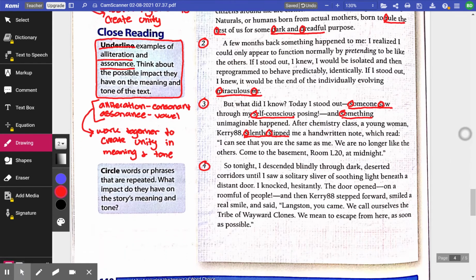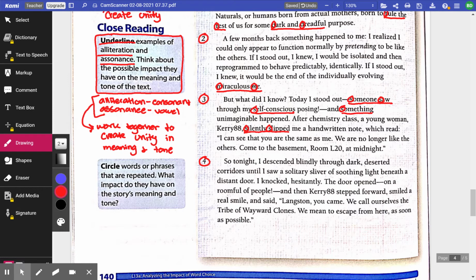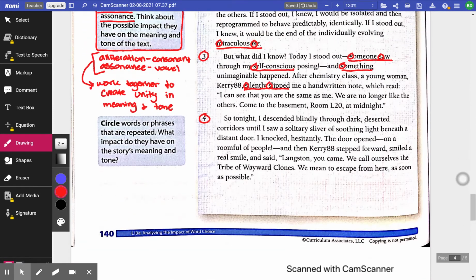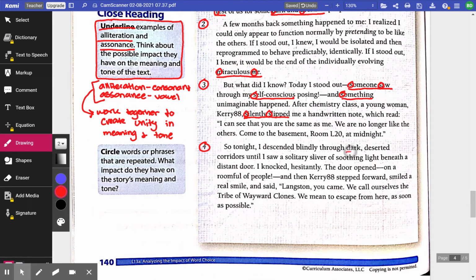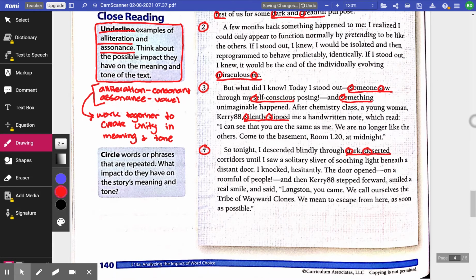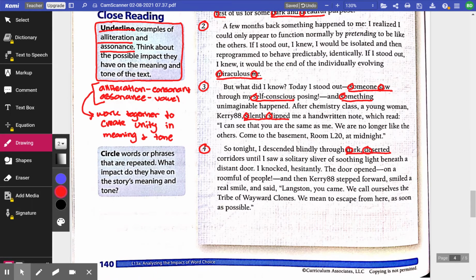In paragraph 4, I have another example. Dark deserted. So dark deserted here, the repetition of the D sound at the beginning. And then we also have "solitary sliver of soothing light."